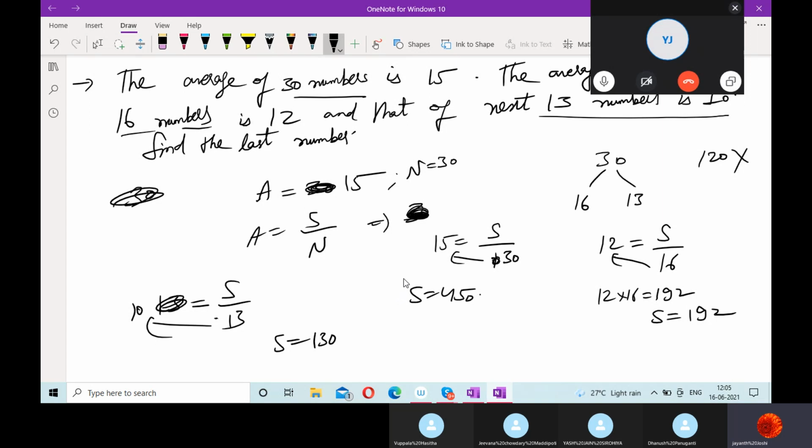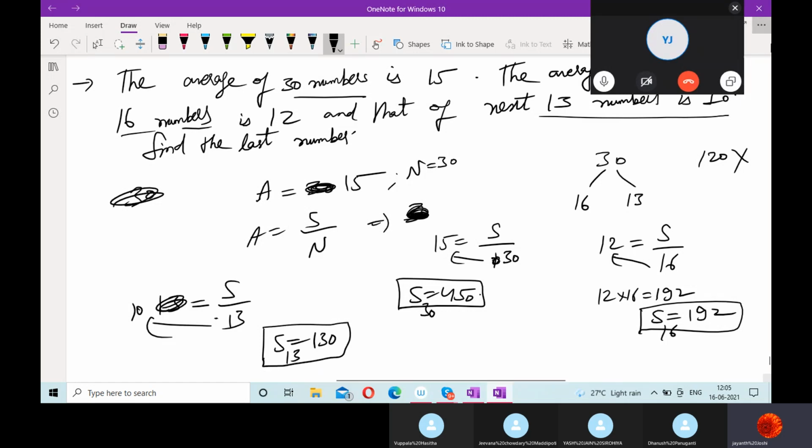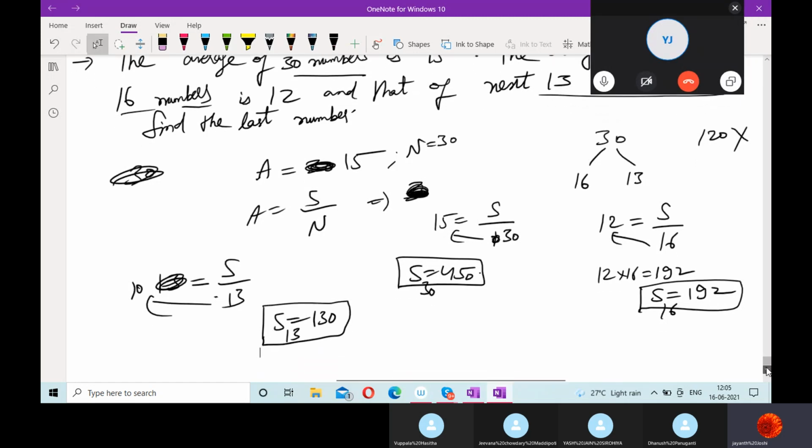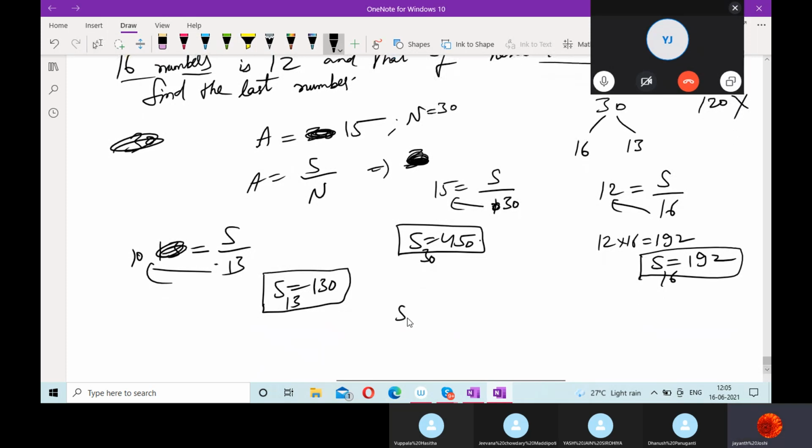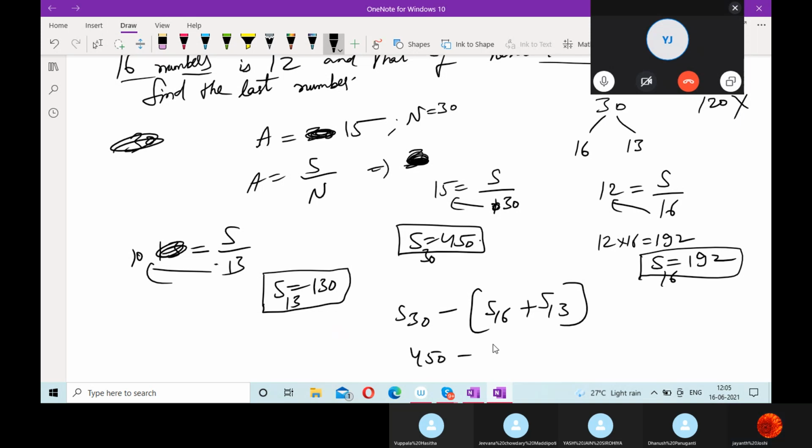So I got the sum of 30 numbers as S30, the sum of the first 16 numbers as S16, and the sum of the next 13 numbers as S13. Now if I remove S16 and S13 from S30, I'll get the leftover number, correct? So that is 128. All of you do this.